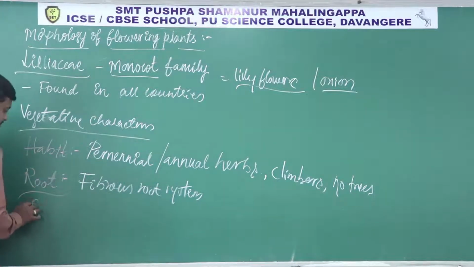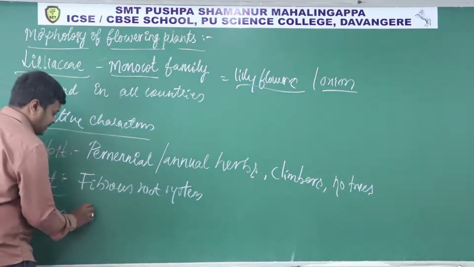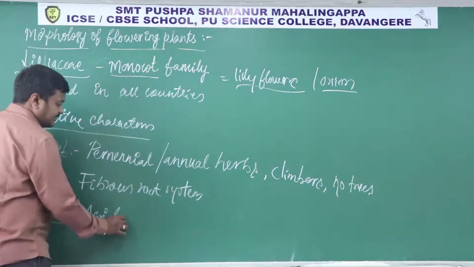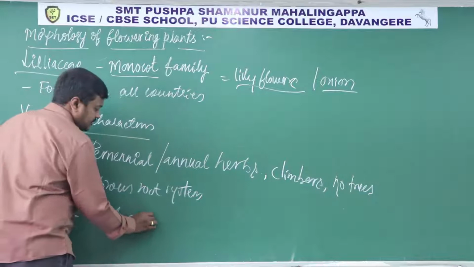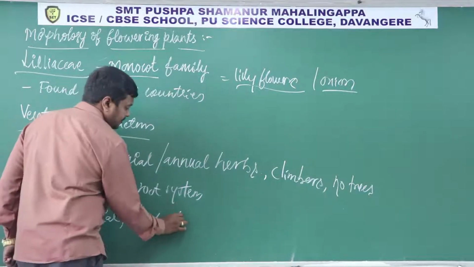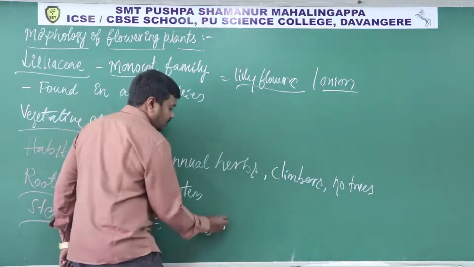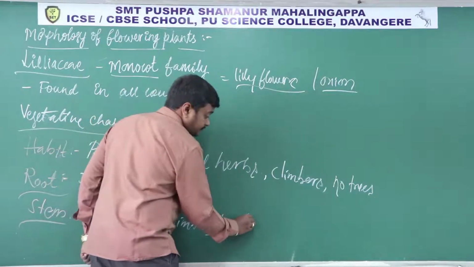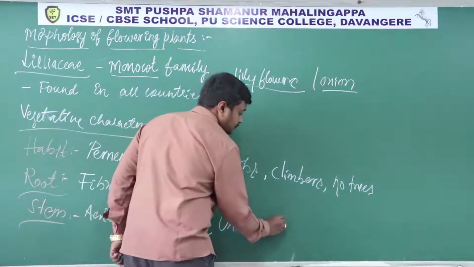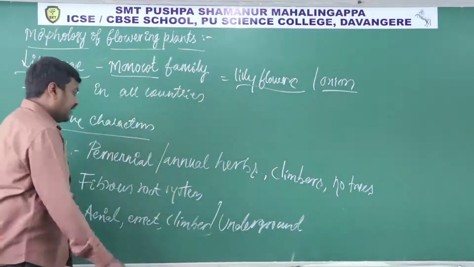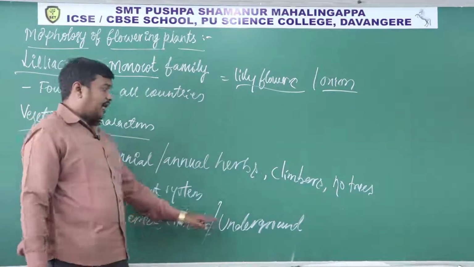Then the next character is the stem. Sometimes the stem is aerial, erect, or a climber, or underground.